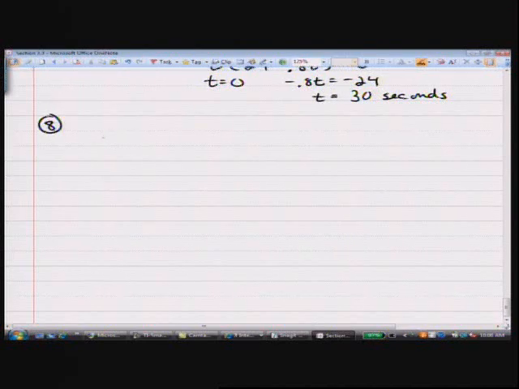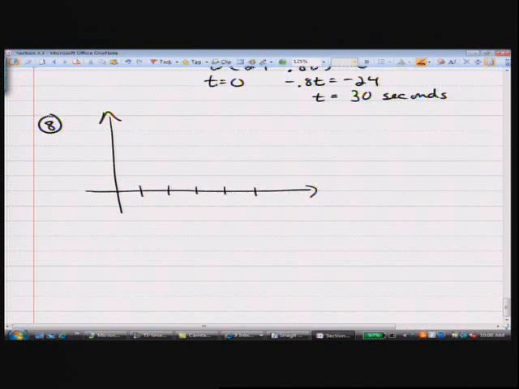It says the figure below shows the velocity v of a body moving along a coordinate line. Okay, so this is where you really have to think. I like these problems because they make you think. All right, we're going to count by 2s to 10. So this is 2, 4, 6, 8, 10, and this is time in seconds.